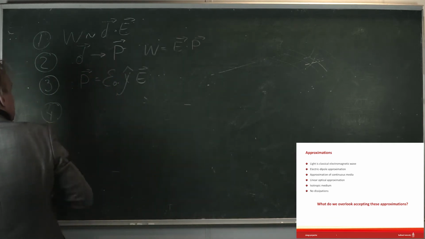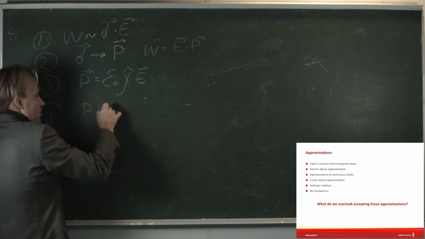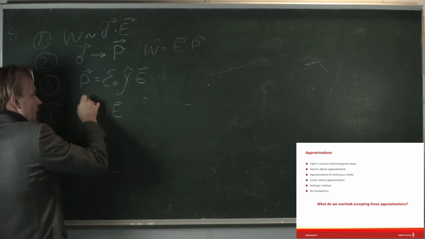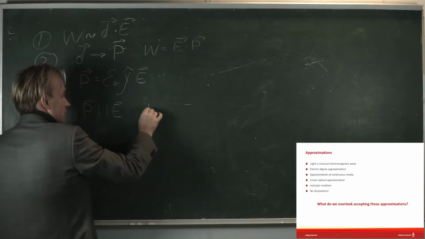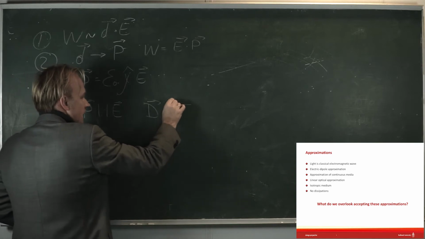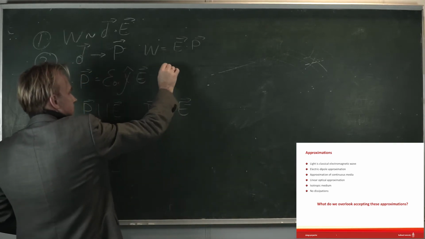Fourth approximation is approximation of isotropic medium, and it says that whatever direction of the electric field of light is, it will always be parallel with the polarization that this electric field of light induces. And the same would be valid if we look at the vector of electrical displacement.